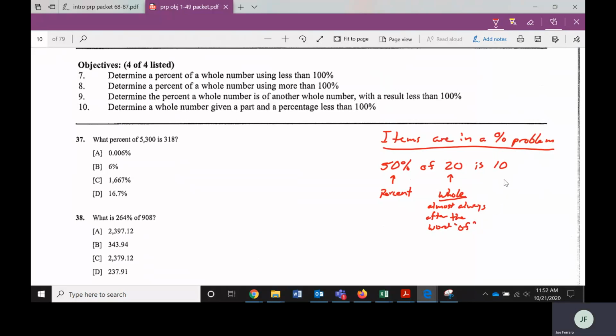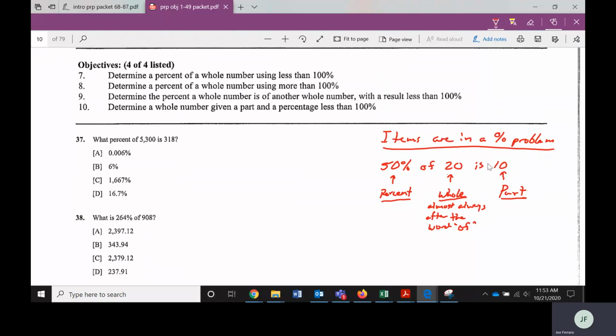And then the other one, which is often after the word is, is called the part. It's not always worded quite this way. We'll look at some examples in a second. But the percent has a percent sign on it. After the word of is your whole, and then the other item is what's called the part.